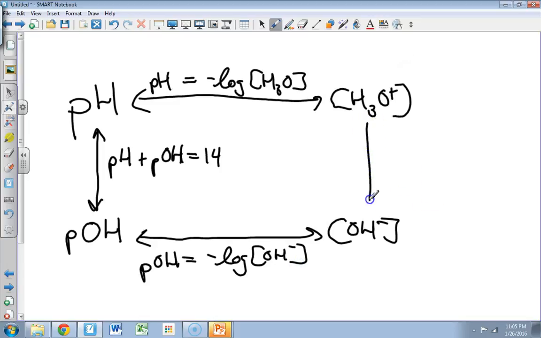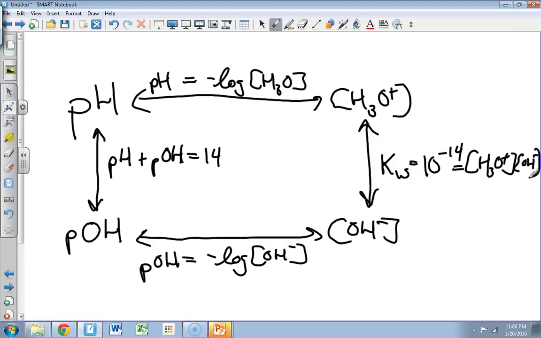And lastly, we can interconvert between hydronium ion and hydroxide ion using Kw, where Kw, which is 10 to the minus 14, equals the concentration of hydronium ion times the concentration of hydroxide ion. Sorry for squeezing that in there.